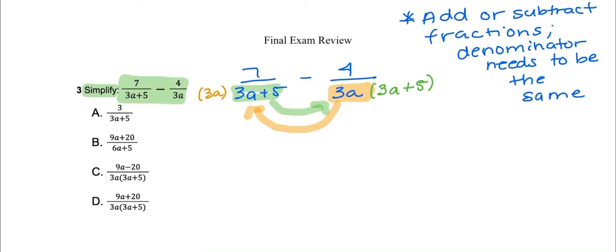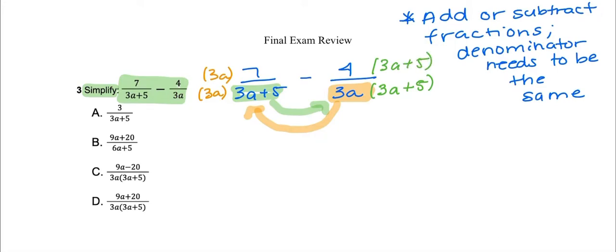Now, the thing that you need to remember when you do this is that what you do to the bottom, you also have to do to the top of the fraction. So if I'm multiplying the bottom by 3a, I need to multiply the top by 3a. If I'm multiplying the bottom of the right fraction by 3a plus 5, then I need to multiply the top by 3a plus 5 as well.